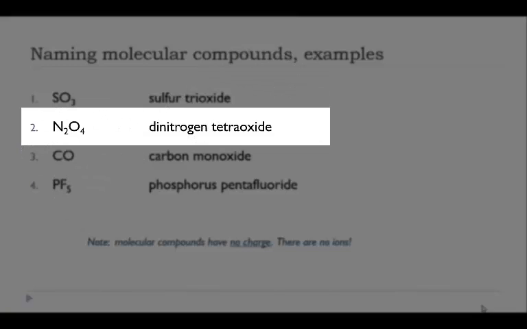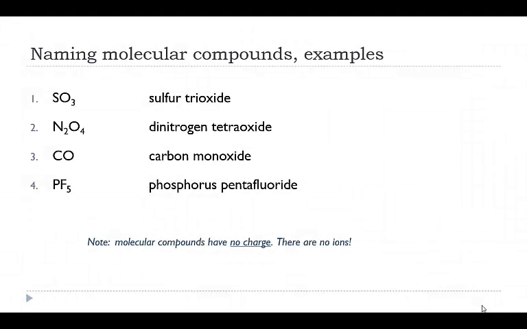There are 2 nitrogens, so that has the prefix di. There are 4 oxygens, so that has the prefix tetra. And the oxygen drops its name ending and gets IDE. So this would be dinitrogen tetraoxide, which is sometimes written as dinitrogen tetroxide, leaving off the A.